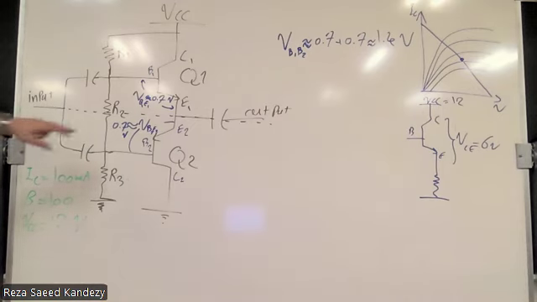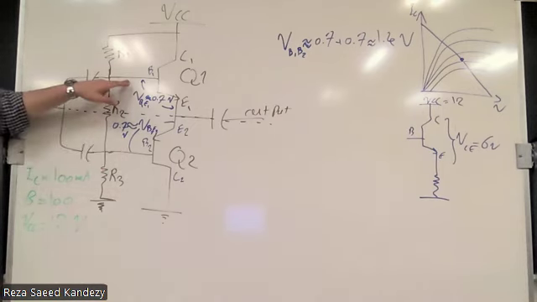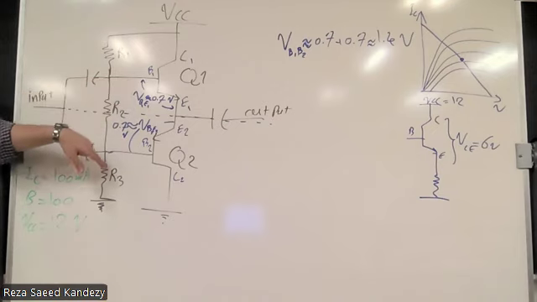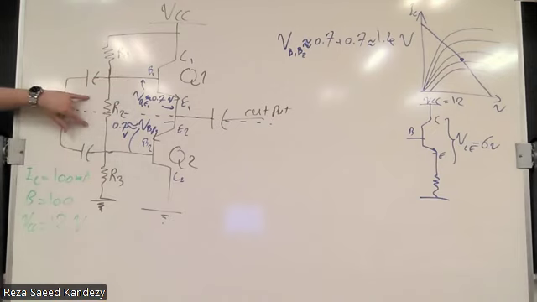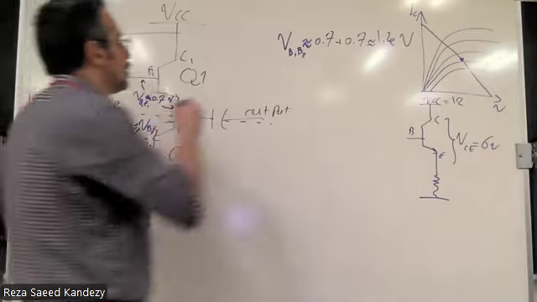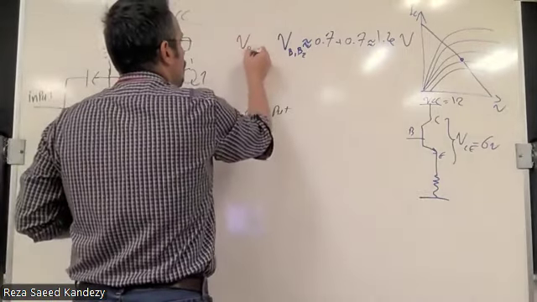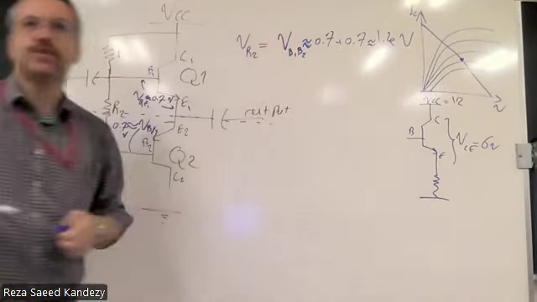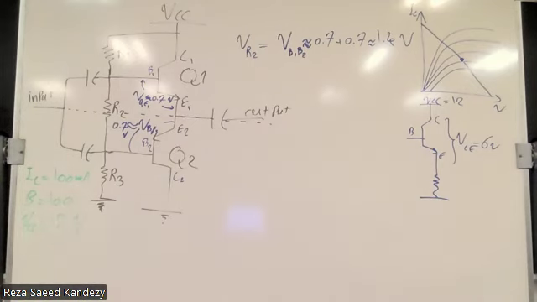Now, what is the voltage between base 1 and base 2? This is the voltage across R2. Are you good? So keep in mind that the voltage across R2 is the same as the voltage between the two bases.